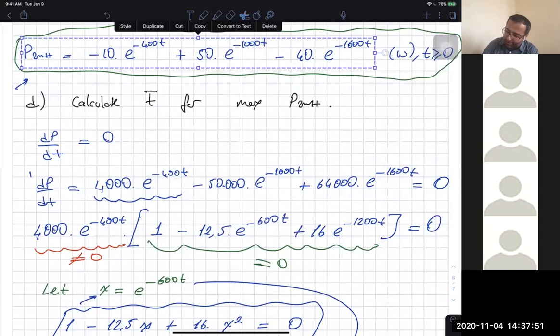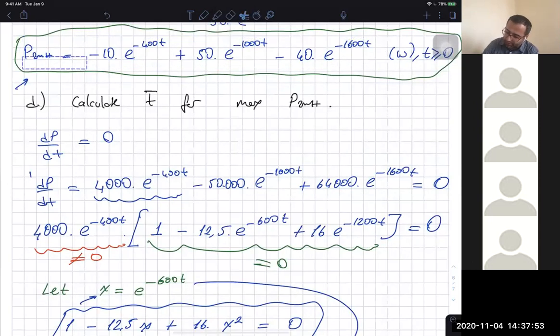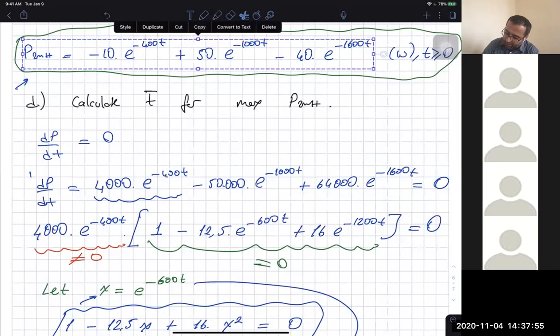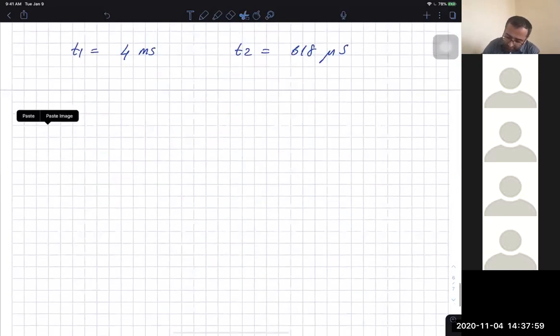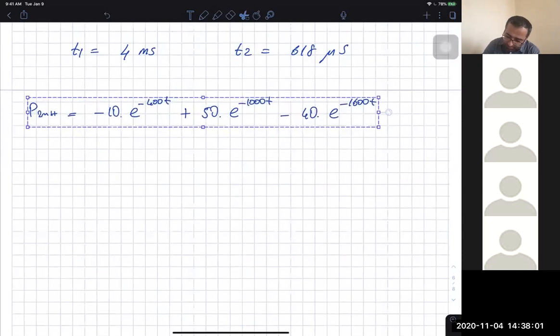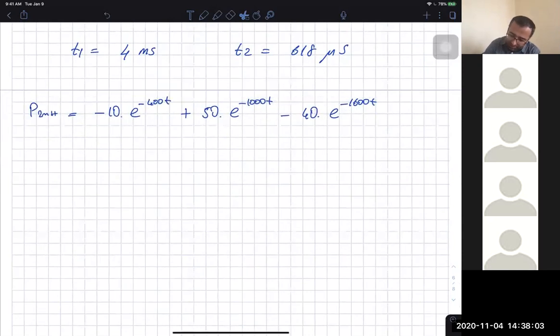Again, I will need your calculations. Please use your calculators and tell me what P1 is, what P2 is. So P at T1, then P at T2, and then we will compare.